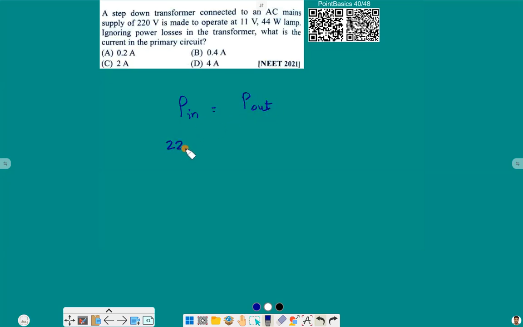Input power will be 220 times I, and output power is 44 watts. So I will be 44 by 220, or it will be 1 by 5, 0.2 ampere. Option A is the right answer here.